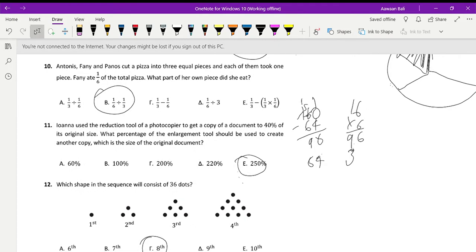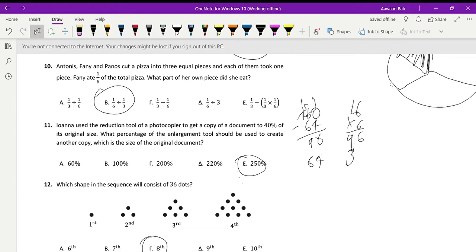Joanna used the reduction tool of a photocopier to get a document to 40% of its original size. What percentage of the enlargement tool should be used to create another copy, which is the size of the original document? Okay, so we wouldn't say 60% because that actually is not how it works. Now let's say we have 40% of 160, that's 64, so we have 96, that's 60% left.